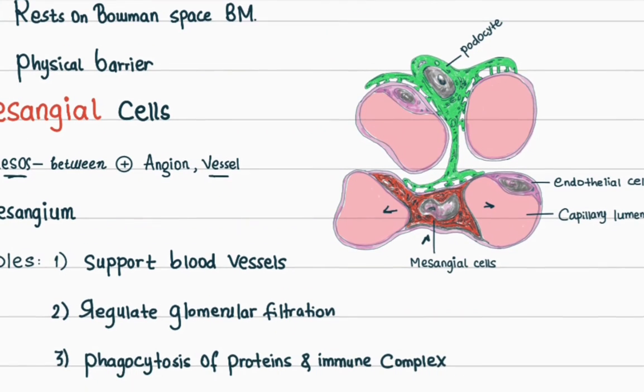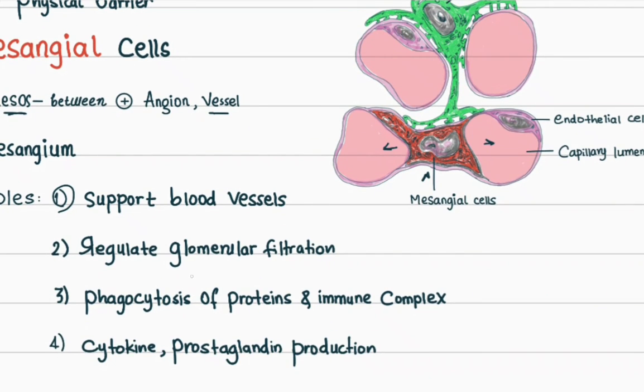They give structural rigidity and support for the blood vessel, and second, they regulate glomerular filtration. Why? Because when you look closely at those cells, they contain actin and myosin filaments, which have contractile abilities. When the mesangial cells contract and relax, they adjust the caliber of the capillary lumen, hence regulating glomerular filtration.